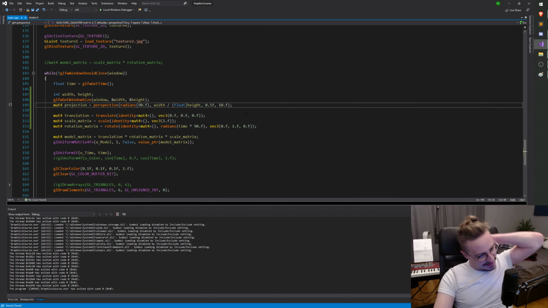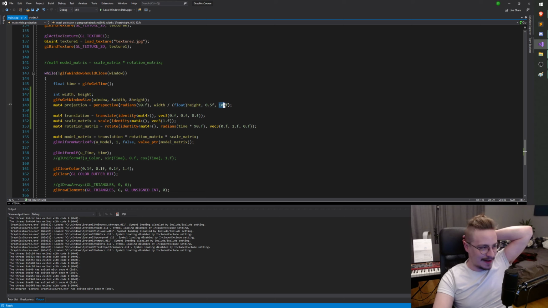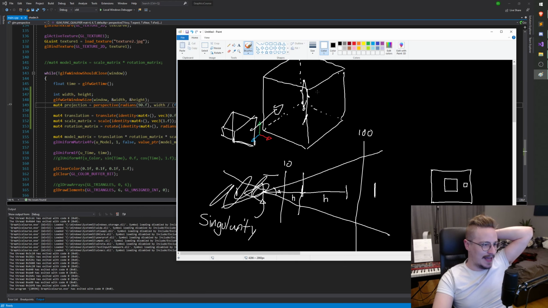The reason why you might want to keep these numbers as normal numbers, like you don't want to put 99999 as the far plane, is that things are going to get very crammed into the NDC cube if you do that. If you use a really huge number, it's going to map all of that into the NDC cube, which means most of your objects are going to be crammed against the far plane here, while this is just empty space because you've set such a big far plane.